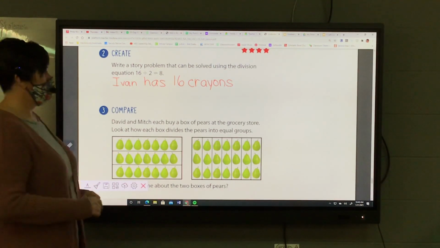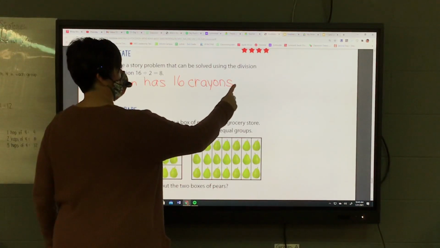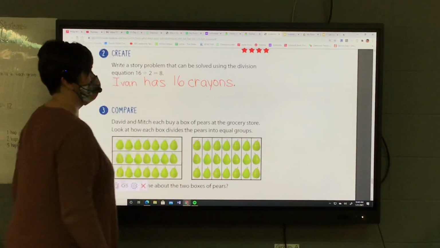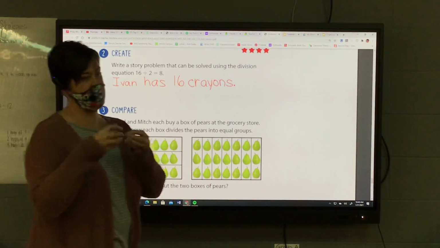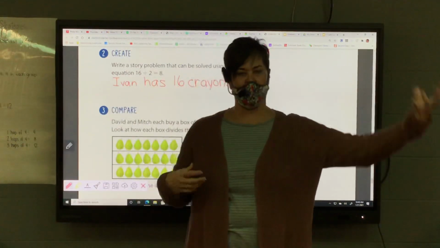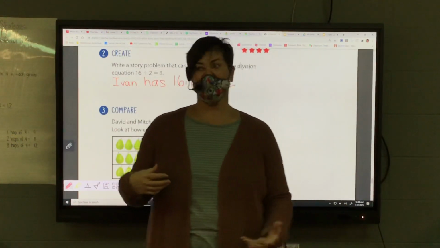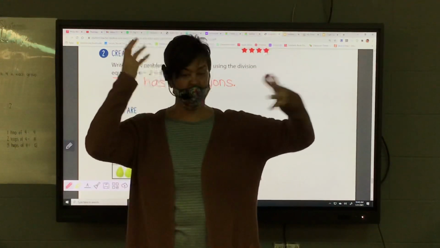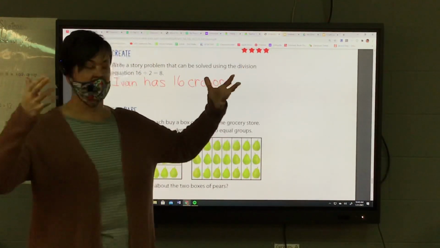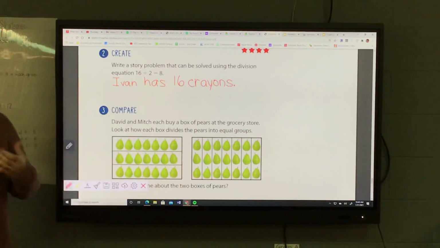We could say that he has 8 blue ones and 8 red ones. But we're starting out with 16. How are we breaking it apart? It gets a little tricky. This is our first one we've done, right? So we're kind of brainstorming how this is going to work.